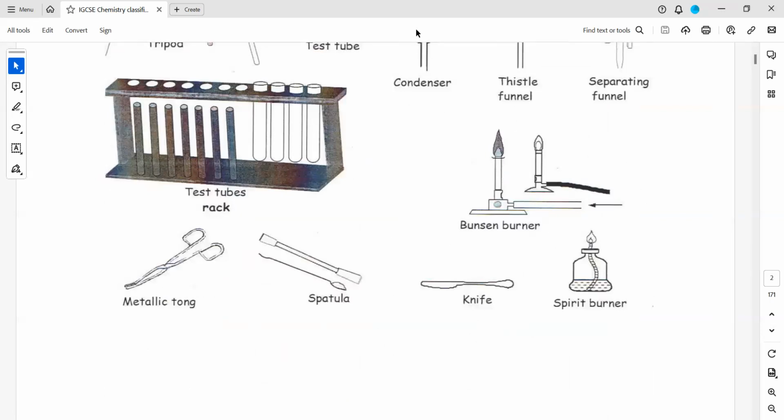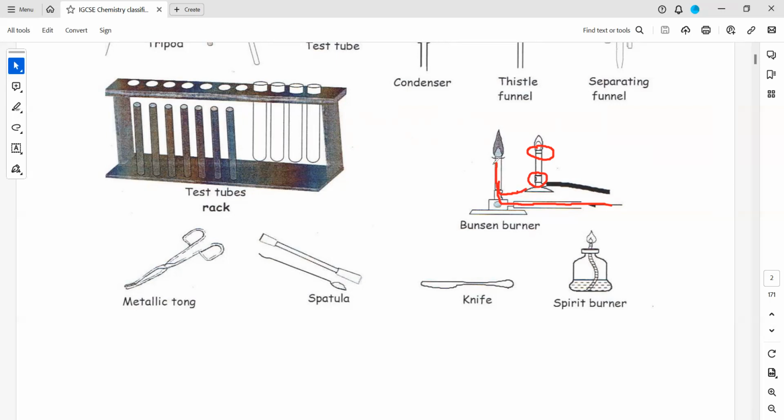So here there are air holes near the top and there are holes here as well. This is normally known as the air hole. A fuel like gas, propane or butane, is added from here, and the air holes let air mix in, which has oxygen, and oxygen supports combustion.